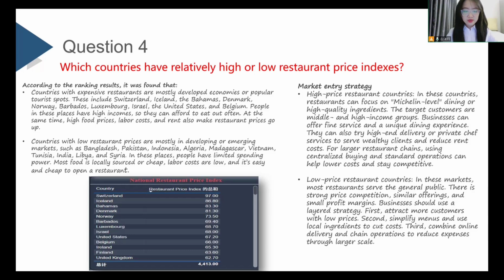In high-price markets, go for Michelin-level experiences or premium delivery, and cut costs by buying in bulk. In low-price markets, simplify the menu and use online delivery to lower costs through scale.